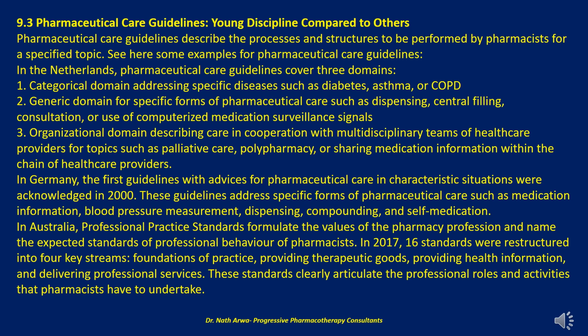In 2017, 16 standards were restructured into 4 key streams: foundations of practice, providing therapeutic goods, providing health information, and delivering professional services. These standards clearly articulate the professional roles and activities that pharmacists have to undertake.